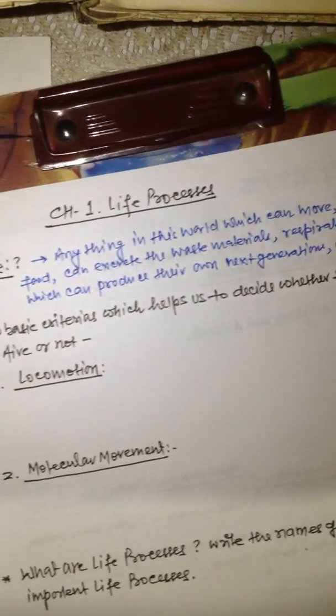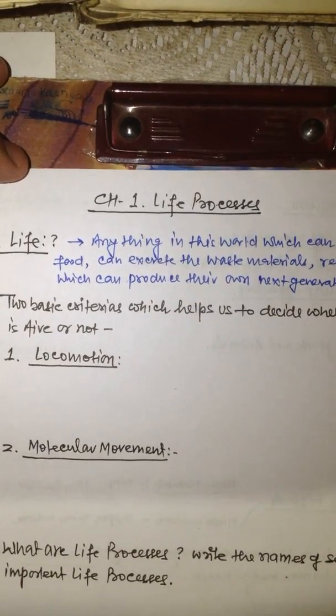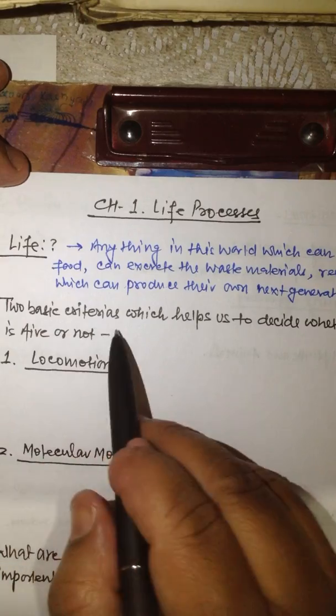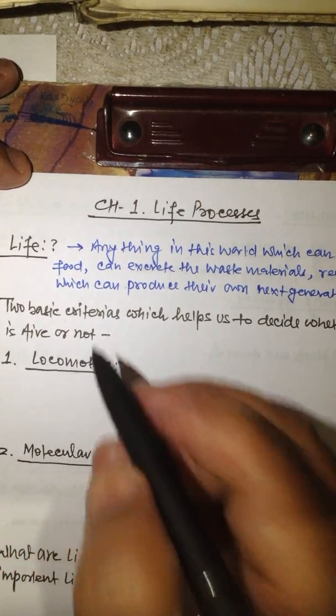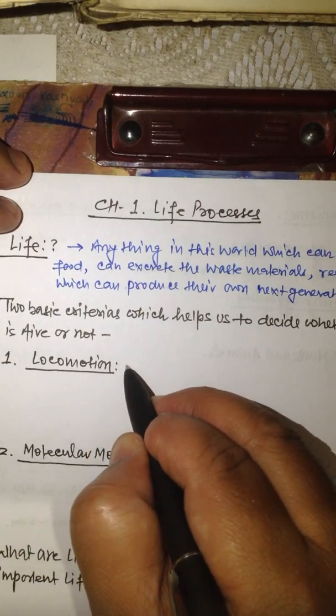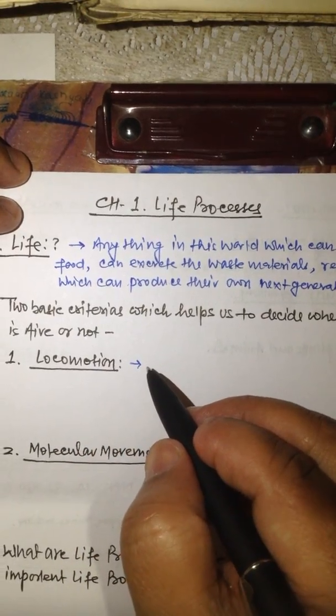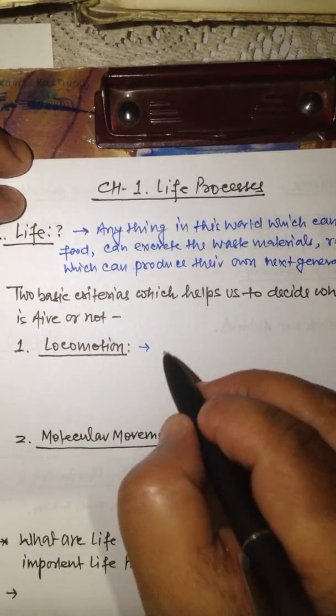Okay, so here we are going to discuss two basic criteria which help us to decide whether something is alive or not by just examining. First is locomotion. What is locomotion here?